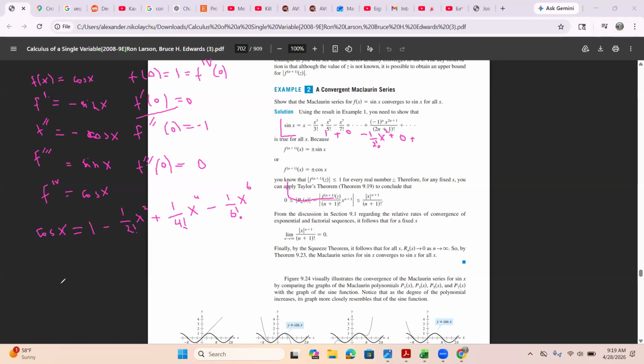So how can I write this as a summation notation? Well, looks like it's going to be power of n, and since they're only even, it's going to be 2n. Look at that. And then the same exact factorial on the bottom, right?